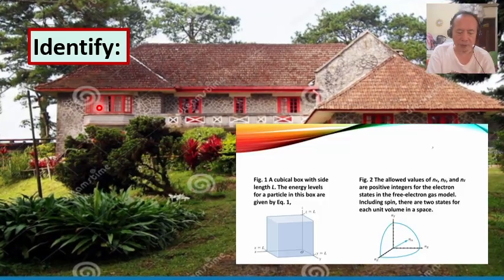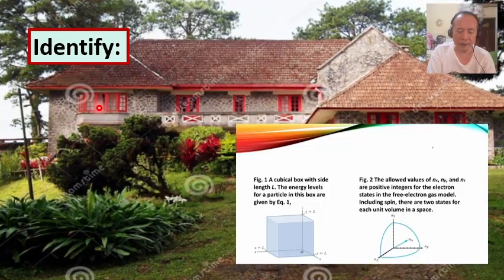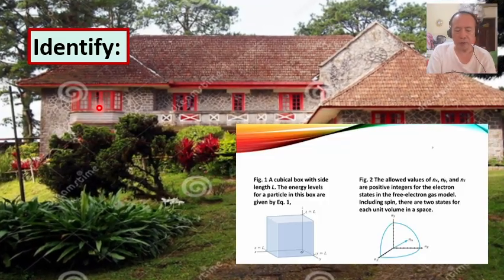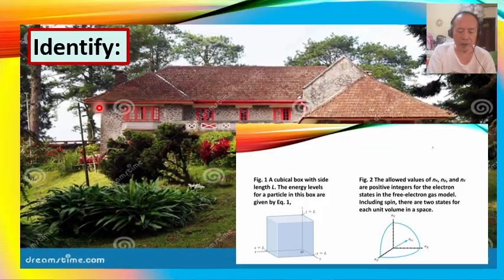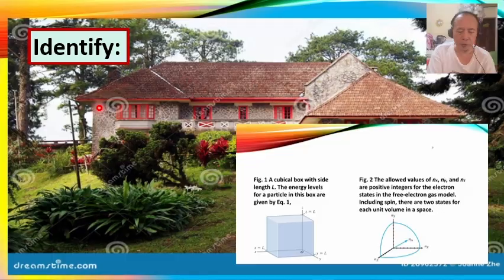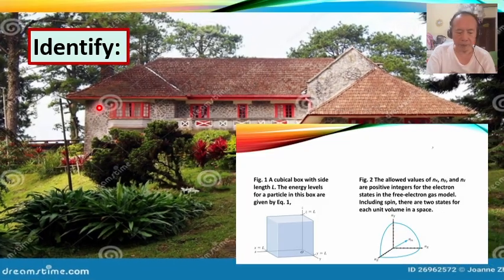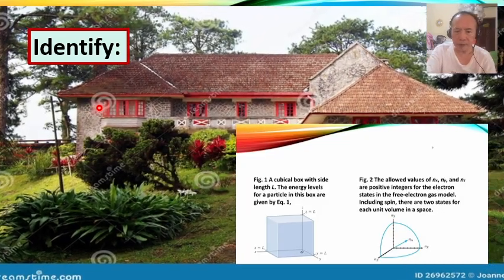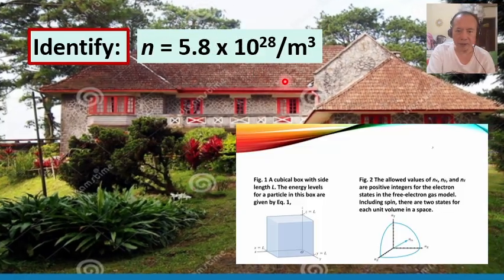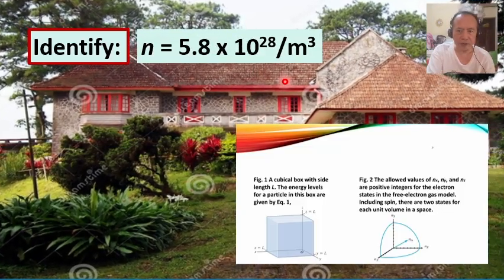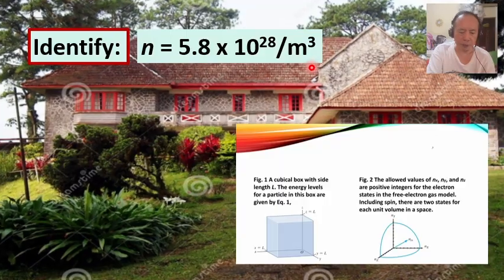The energy levels for a particle in this box are given by equation 3 below. We are given the electron concentration, small n, equal to 5.8 times 10 raised to the 28 free electrons per meter cube.